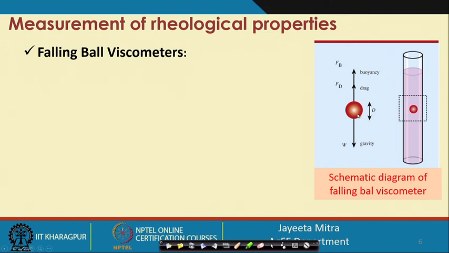So, when we drop a ball of, let us say, radius r in the tube, it will fall down because of gravity. Other than gravity, there will be a buoyancy force that will try to take the ball up, and also a drag force acting in the upward direction.